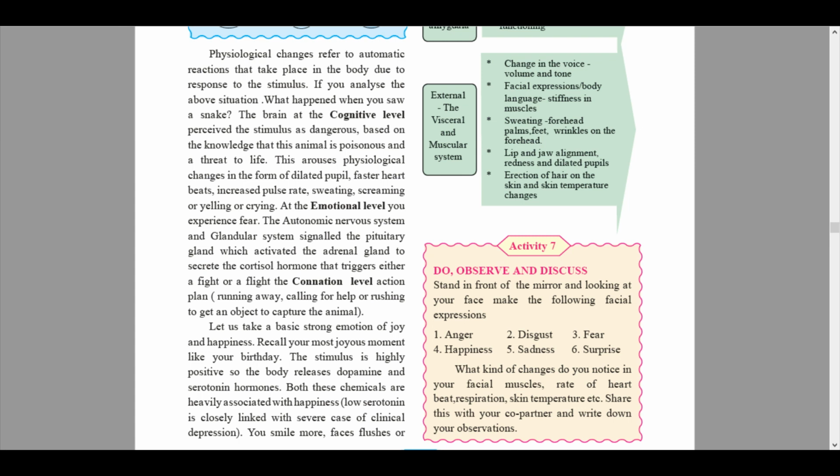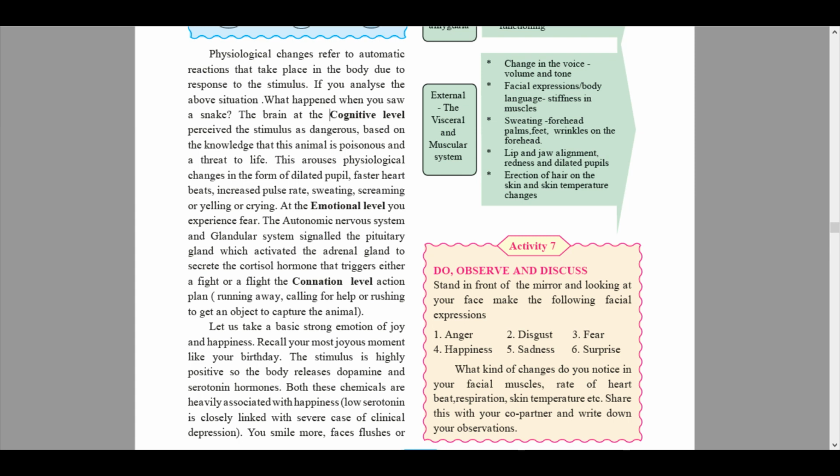So let us take a basic strong emotion of joy and happiness. Recall your most joyous moment, like your birthday. The stimulus is highly positive, so the body releases dopamine and serotonin hormones. Both these chemicals are heavily associated with happiness. Low serotonin level is closely linked with severe cases of clinical depression.